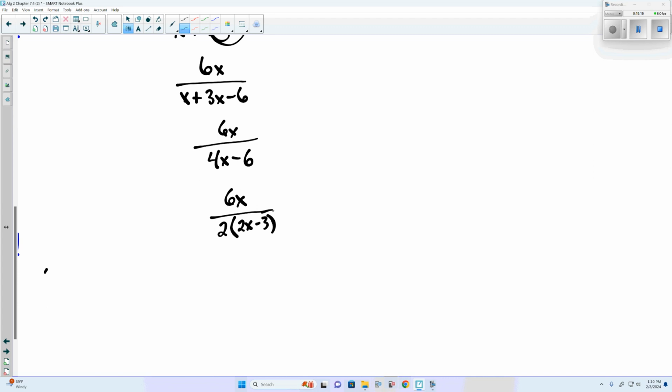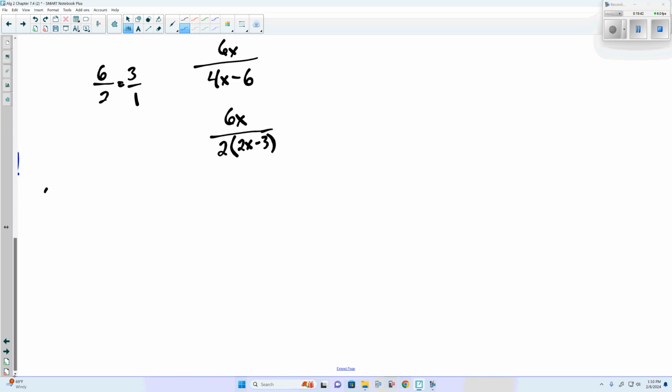Well, the numerator and denominator simplify now. We have 6 on top and 2 on bottom. What's 6 over 2? 6 over 2 is 3 over 1, yes? So 3 would stay in the numerator. Let's scroll down so this is not so close to the bottom of the screen. Because we'd have 3, and we still have the x on top, yes?